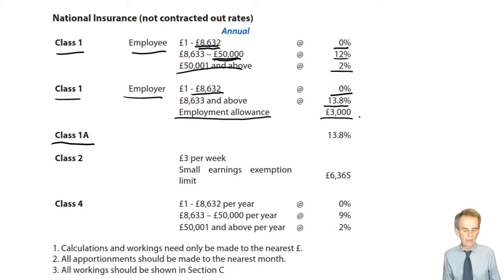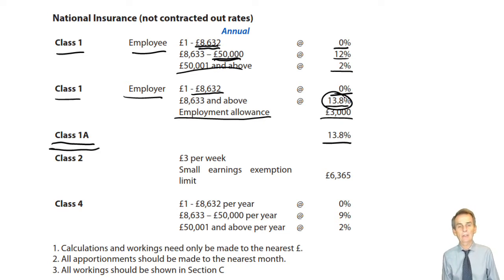As we said, over and above your cash earnings, depending on the level of those earnings for any given tax year, we have employee and employer NICs to compute. The Class 1A, these are your taxable, your assessable benefits in other than cash form, and that has the same rate as the employer's Class 1 NICs, 13.8%.